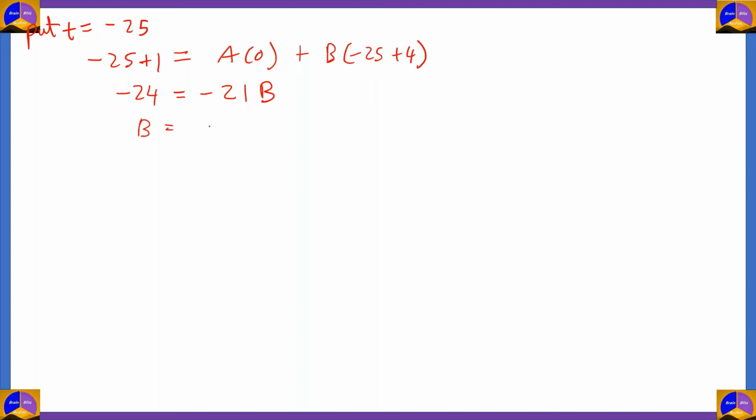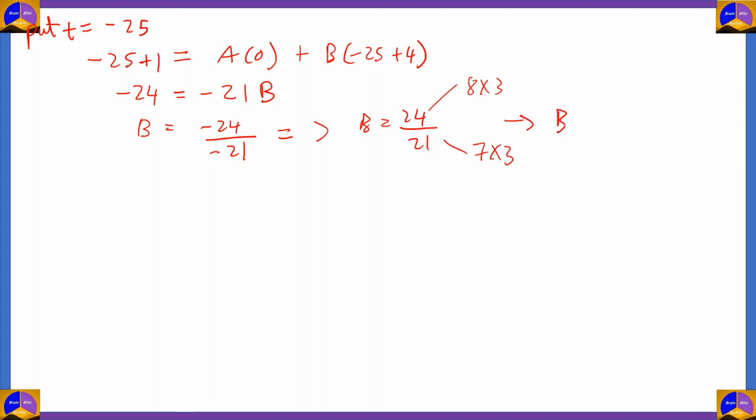So the value of b is now minus 24 divided by minus 21, which becomes 24 by 21. Both the minuses get cancelled. 24 can be written as 8 times 3, and 21 can be written as 7 times 3. So when you divide both by 3, you get b equals 8 by 7.